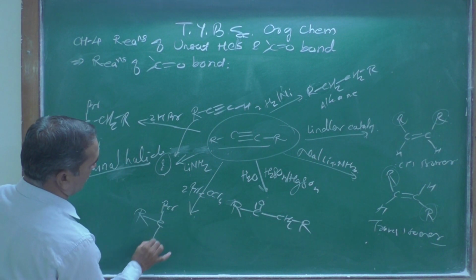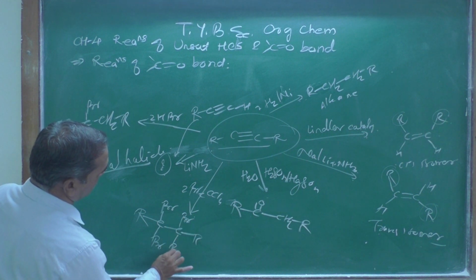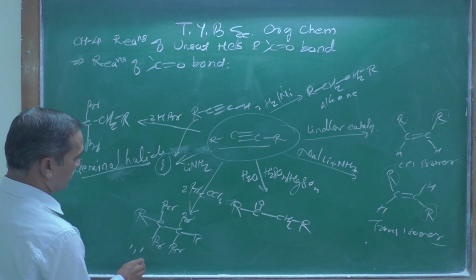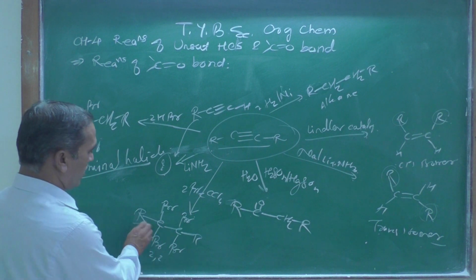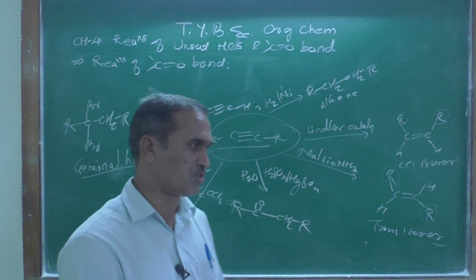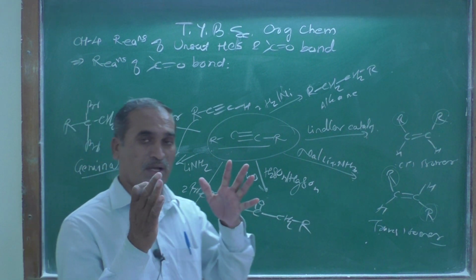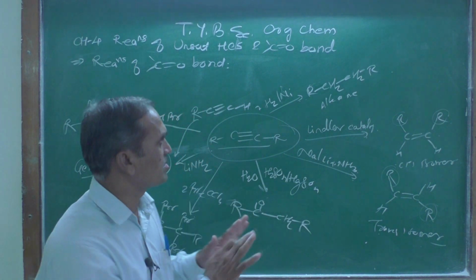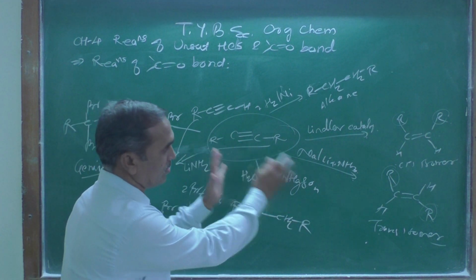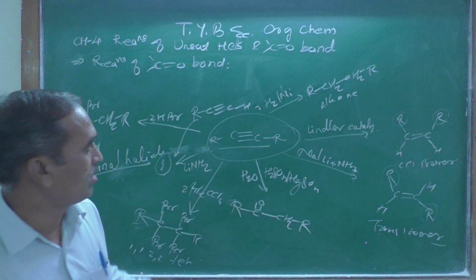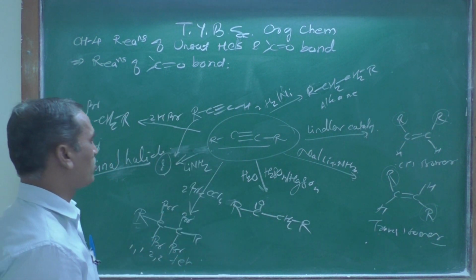R, C, Br, Br, then C, Br, Br, R. We can call it a 1,1,2,2-tetrabromo derivative. If R is a methyl group, then there may be a position change, but there should be a tetrabromo, that type of derivative we are going to get. This is a summary, all these reactions together in one shot we have seen over here. Collectively you remember this one, all these reactions we have covered.